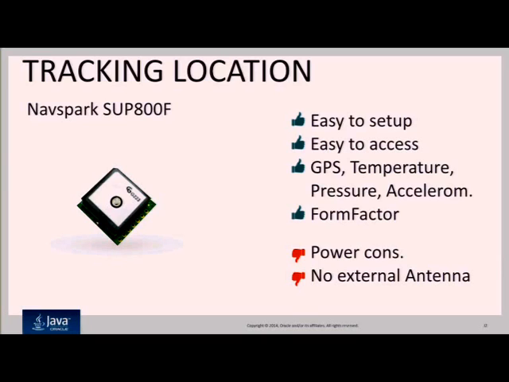You can just read it and interpret the data. So that's very nice. The drawback is the power consumption is more than double the other one. The advantage is this is really fast. It can go up to 50 hertz, which is very fast. You can use it for drones, for example, if you need very precise GPS tracking. The other one was going up to 10 hertz, which means 10 values per second, which is still very fast if you hook it up to a runner, right? So you just need 1 value per second.